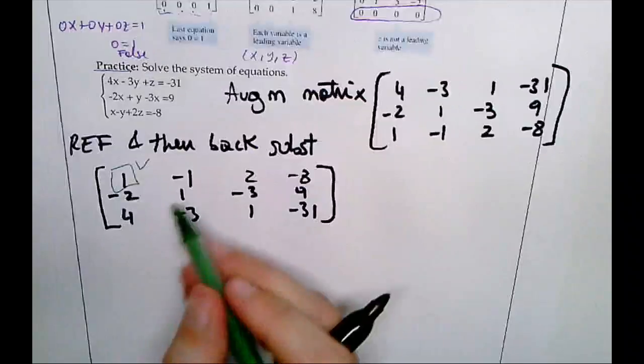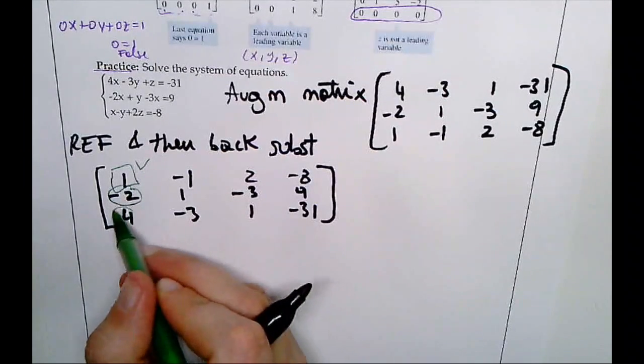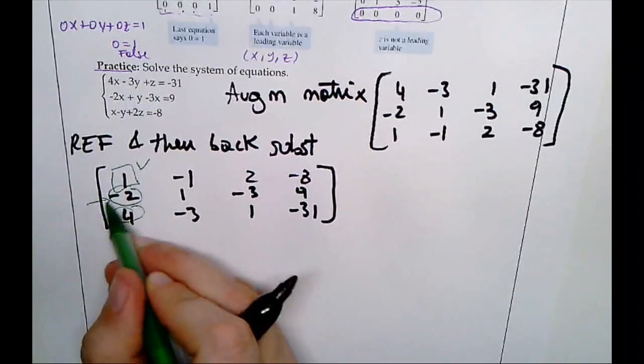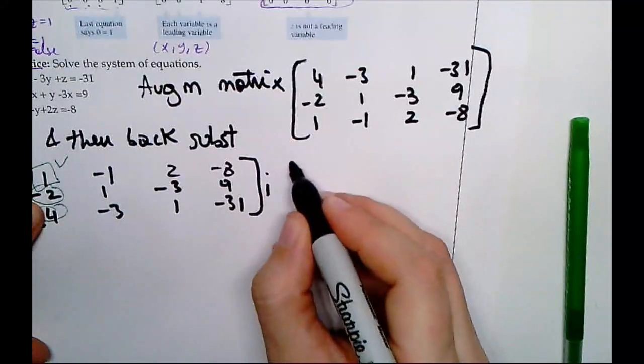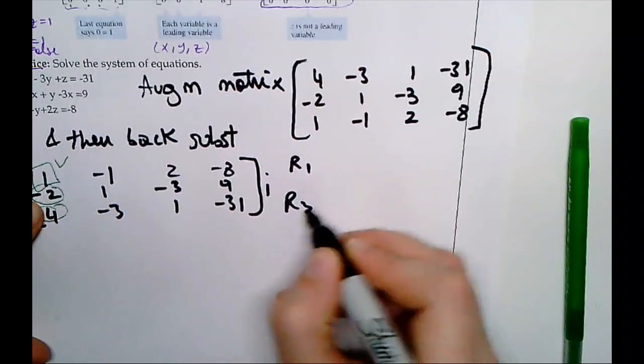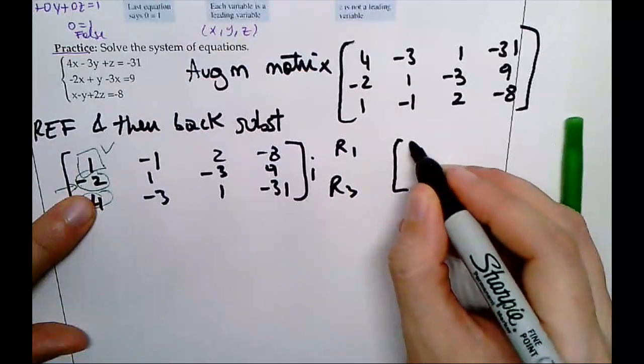That's good. Now I need to make zeros below it, a 0 here and a 0 here. Let's deal with the first one first. I keep the first row and the third row, and I'm going to change row 2.